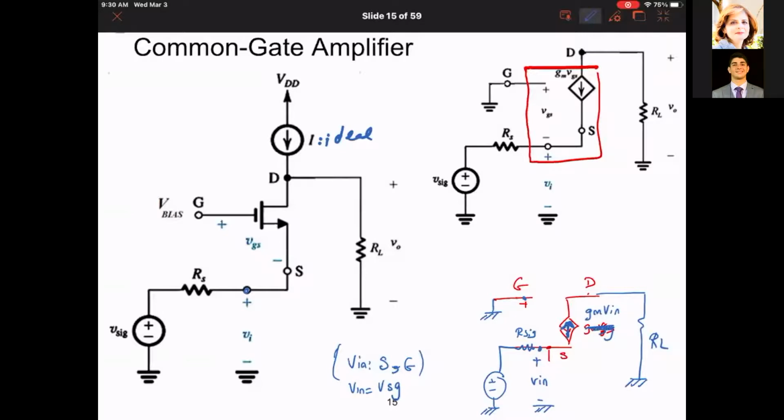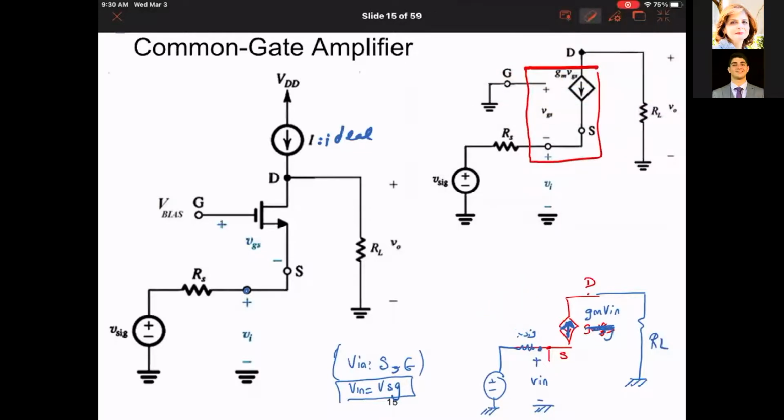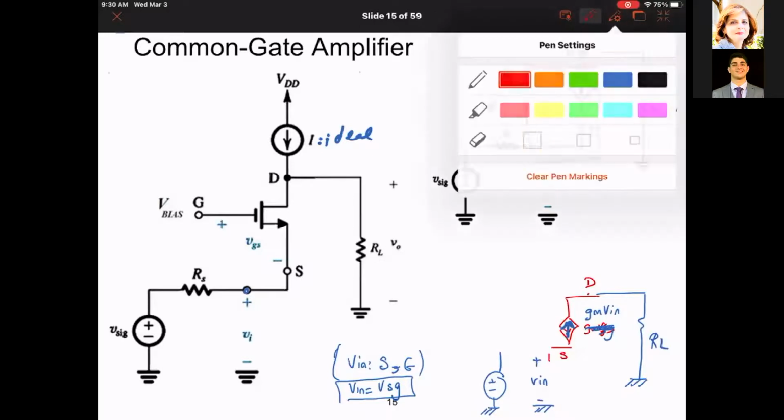So I flipped the current because Vn equals VSG, and I made it a function of VSG, which is Vn. Practically speaking, I don't need this G, it's already grounded. And really the circuit now looks something like this.